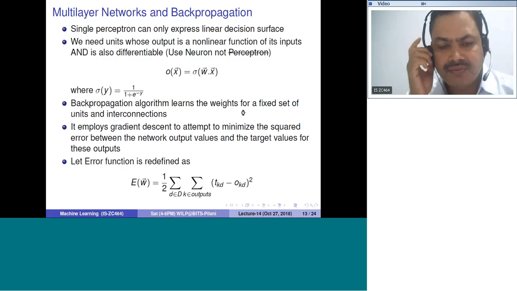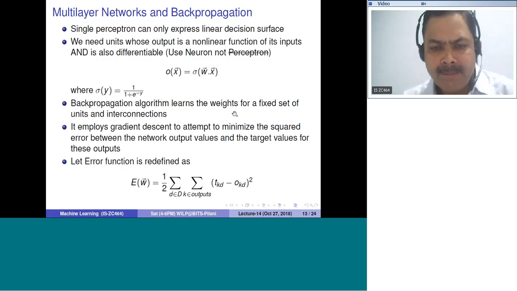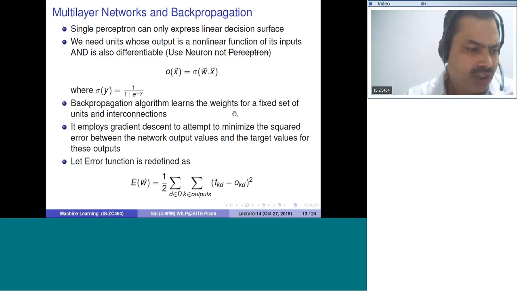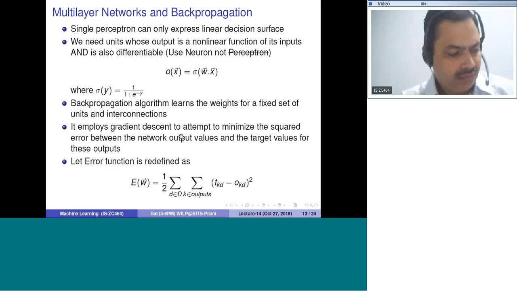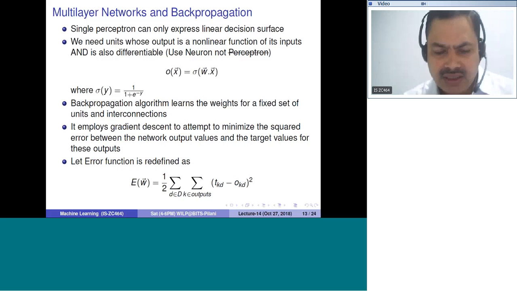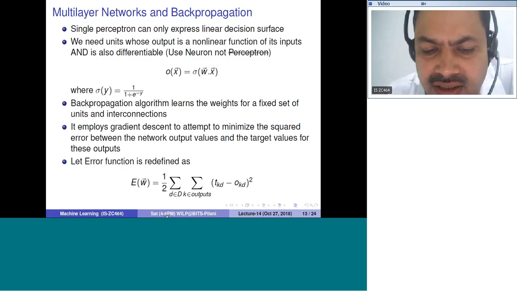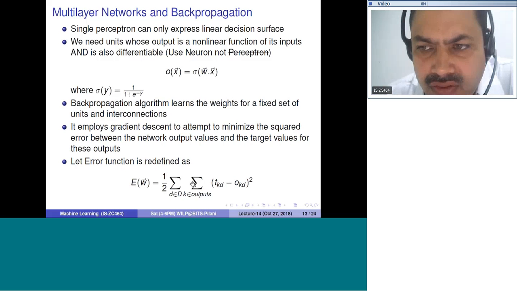We want to see the back propagation algorithm now. Can you identify this equation? Let me go back.